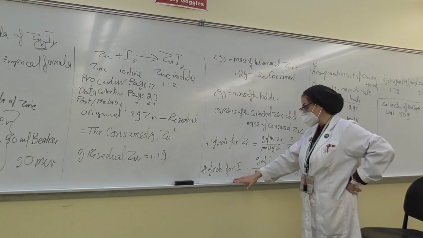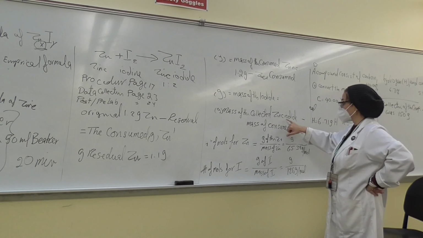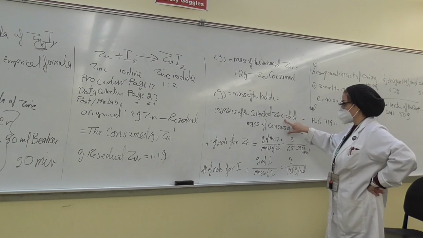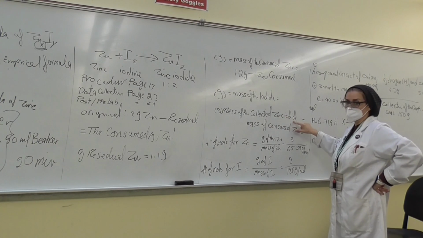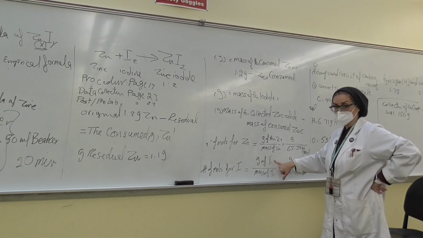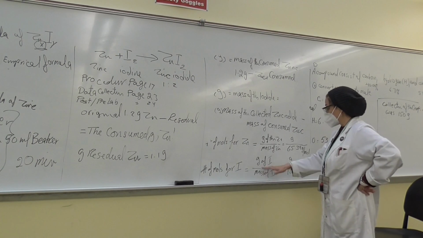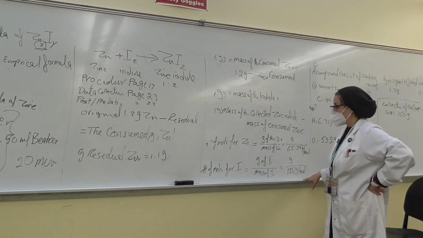And then also we are going to calculate the consumed iodine by subtracting the consumed zinc from the collected zinc iodide. That will give me the number of gram of the iodine reacted or consumed, divided by the molar mass of the iodine, 126.